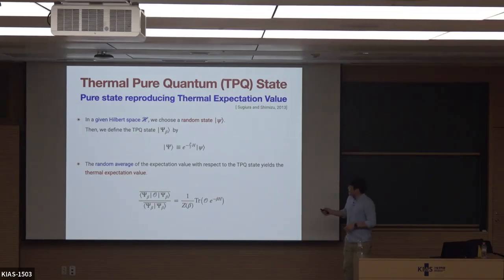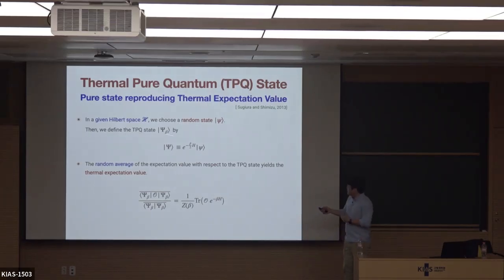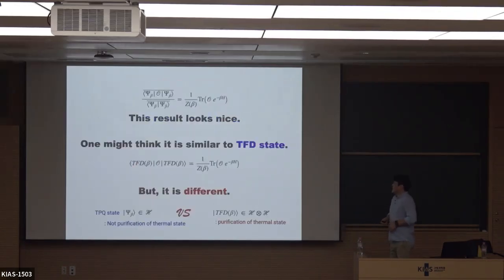But here, this suggestion can work in any other condensed matter system. In condensed matter systems, you don't always have a random coupling constant, like the Ising model. Then the average over this random state gives the nice answer. So you can say that this is a good approximation of the thermal state, and this is very nice.